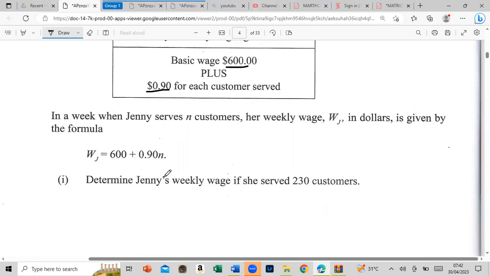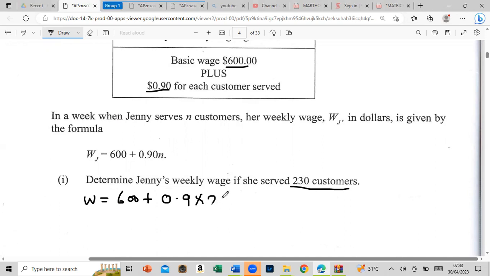So as I was saying earlier, I'm just going to put W for wage. So what it is, $600 guaranteed. Now n represents the number of customers, right? So you're going to times 0.9 times the 230, because for every customer you serve, you get 90 cents.